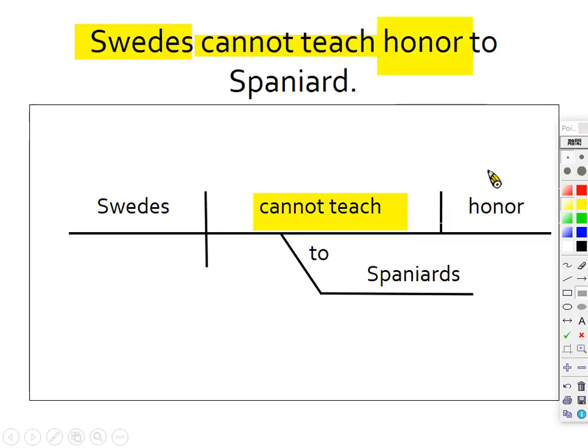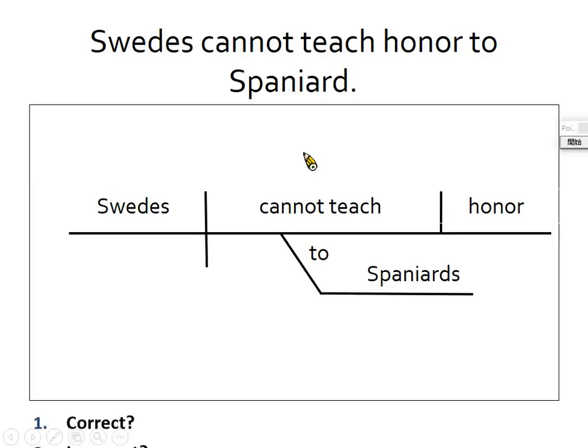Honor. So "to Spaniel" is used to modify cannot teach, right? So very simple. And remember, because we do not use sentence pattern number 8, the "to" is still here. You have to put it up here. "To" here is a preposition. Preposition and object. Okay.